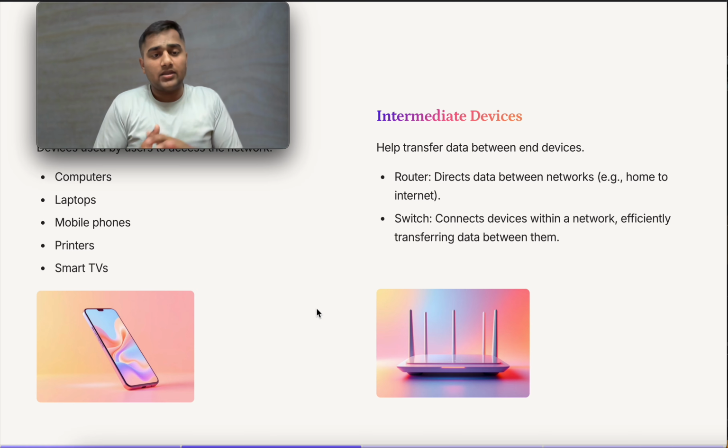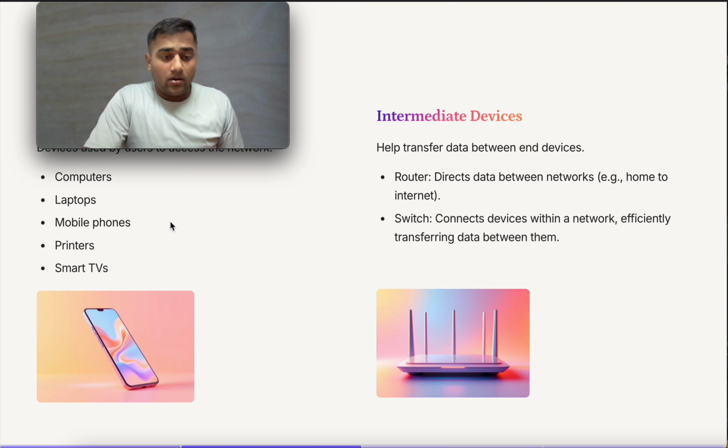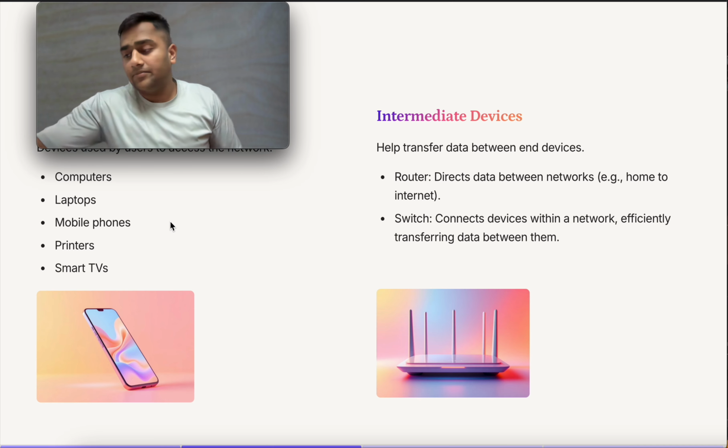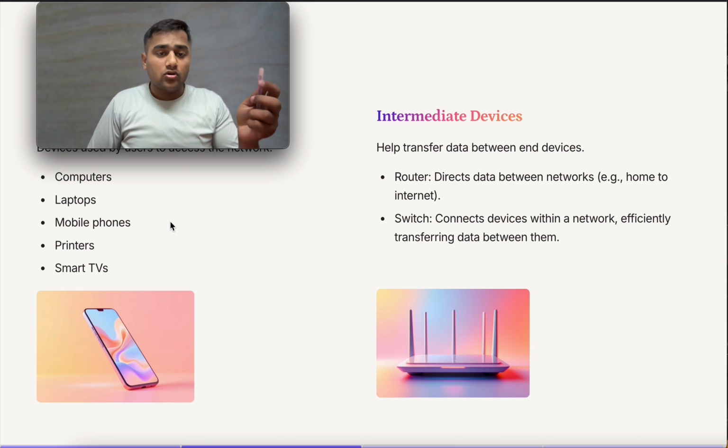So what happens at that time? You are sending some message, some data from your mobile phone, and your data will go through these intermediate devices. Consider this is your mobile phone, and this is your friend's mobile phone.